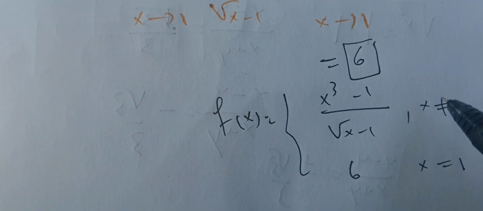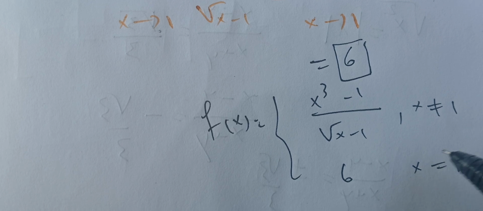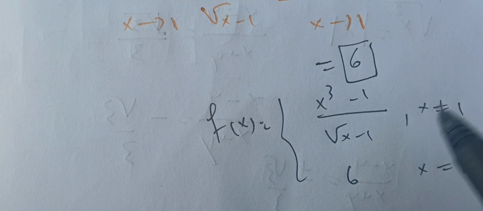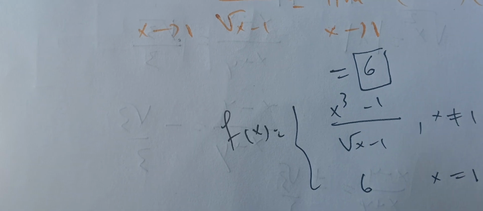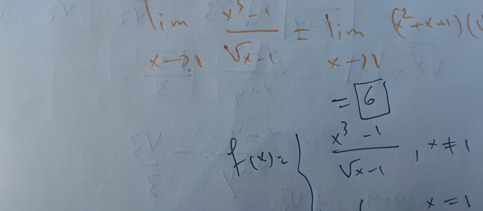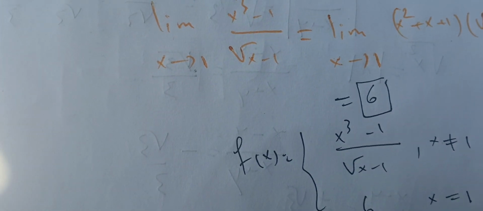And if we graph the function now, we're going to see that we don't have this discontinuity at this point. So we found this limit, and this kind of discontinuity we can remove. That means that the point where the function is not defined or doesn't have a value, we can fill that point.